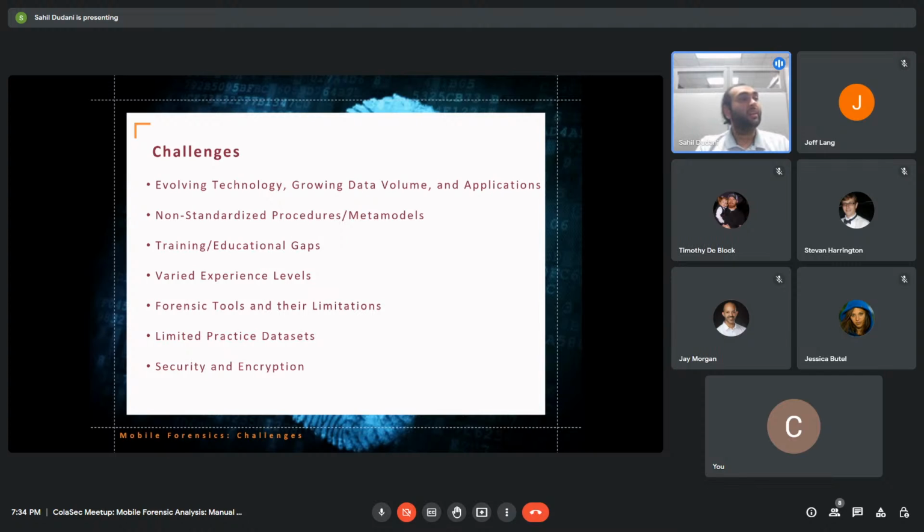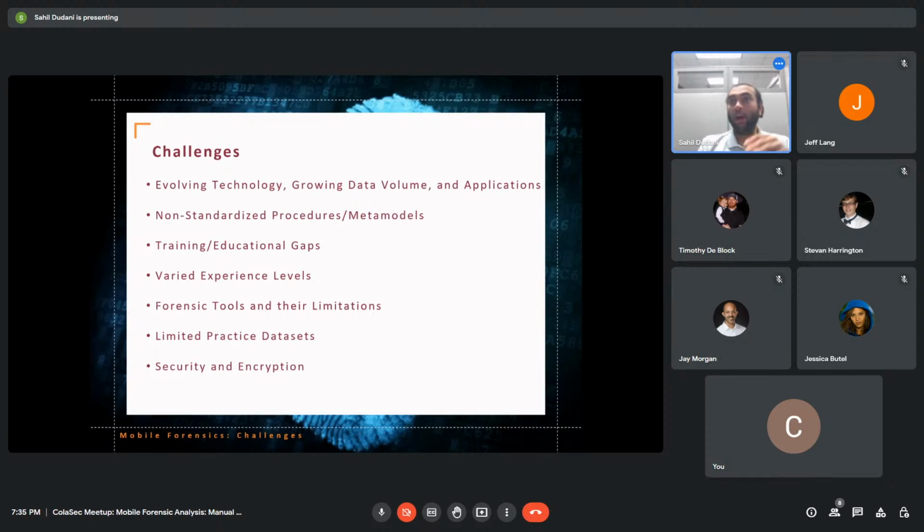Again, forensic tools and their limitations: certain tools may not be able to get you the full picture, and you do need to have multiple tools for verification. So because of the limitations of the tools, you need to have a suite of tools to overcome that.